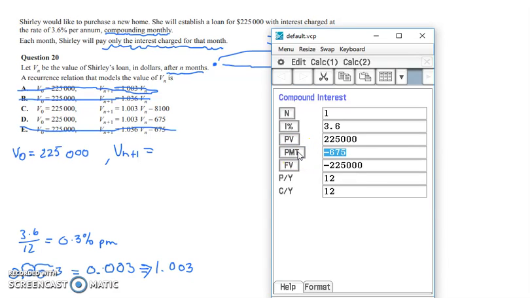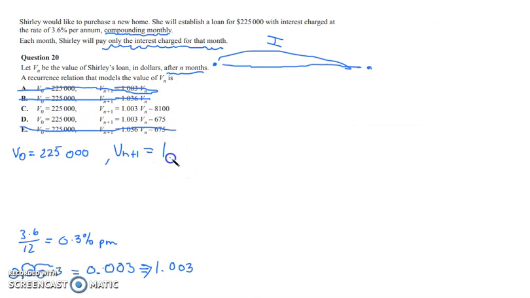The payment is negative 675. Remember, negatives and positives in the CAS calculator: a negative means money out of your pocket, so we have to make a repayment of 675. Now in our recurrence relationship, we can put in the information we got before: 1.003 Vn, minus $675 as a repayment.